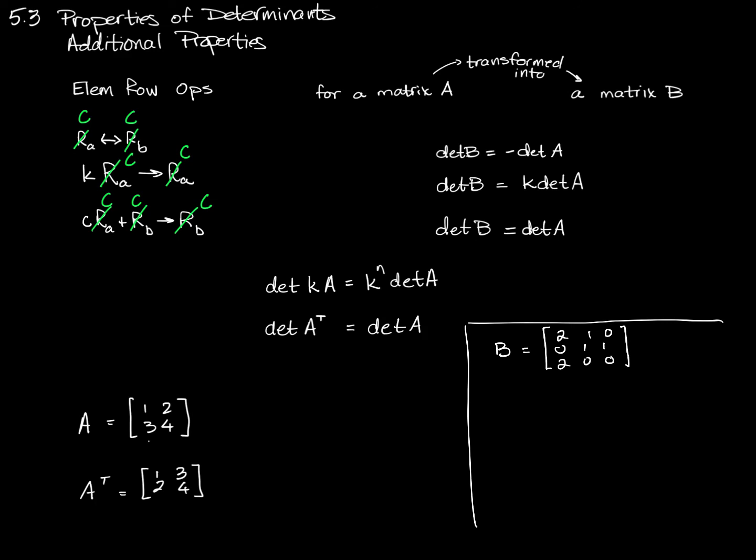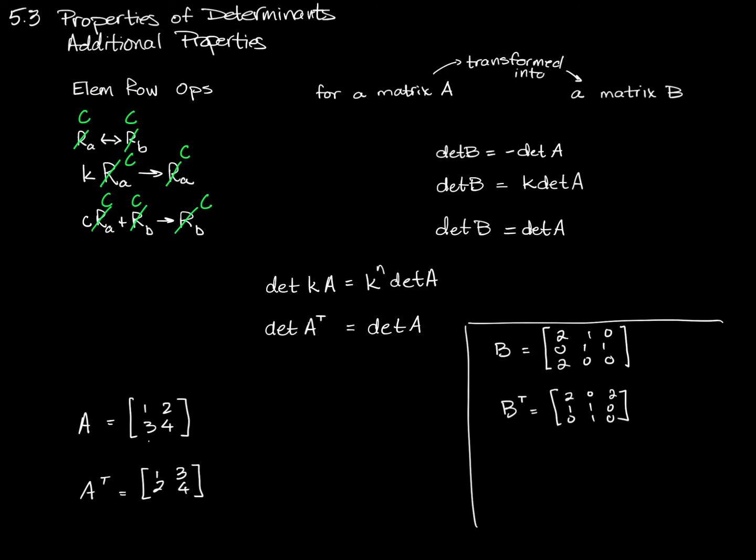It's the transpose of its transpose. In other words, B transpose is 2, 1, 0, 0, 1, 1, and 2, 0, 0, and B is what I get when I transpose B transpose, right? So B is a transpose matrix, which means that I can apply these properties here.